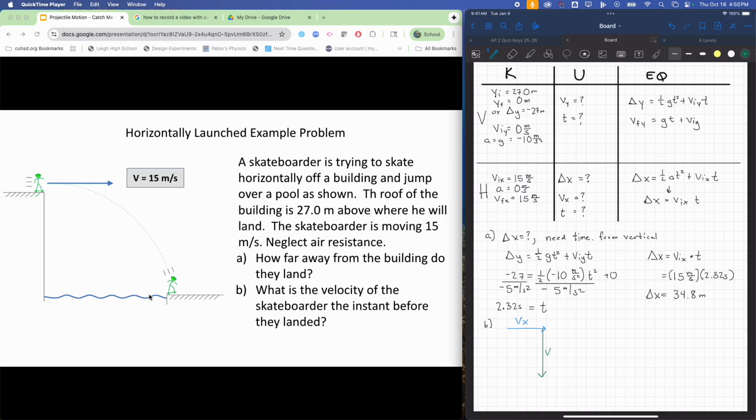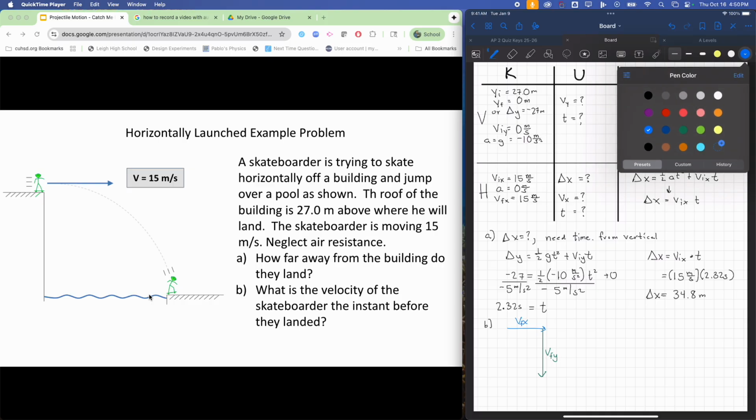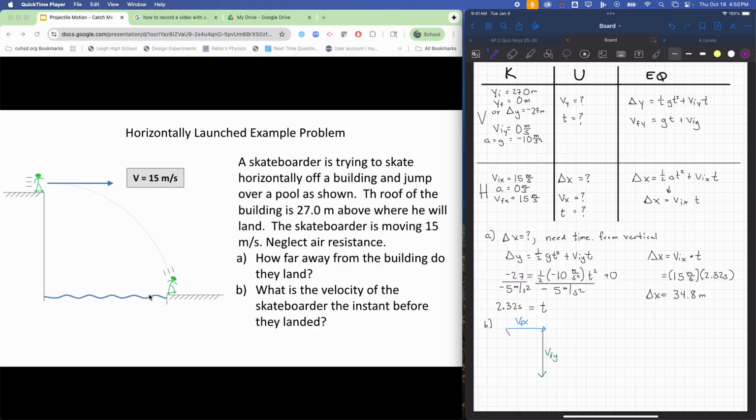So v final in the y, and this is v final in the x, but it's the same. And so now I have these two vectors that I have to add together to get my resultant vector, which is v final, and then this is the angle theta because I'm measuring it from the horizontal.